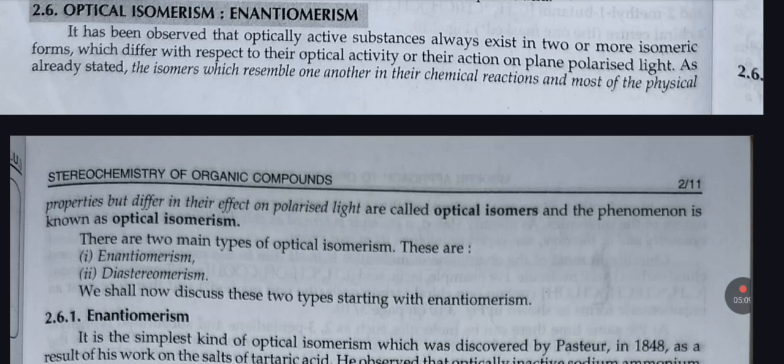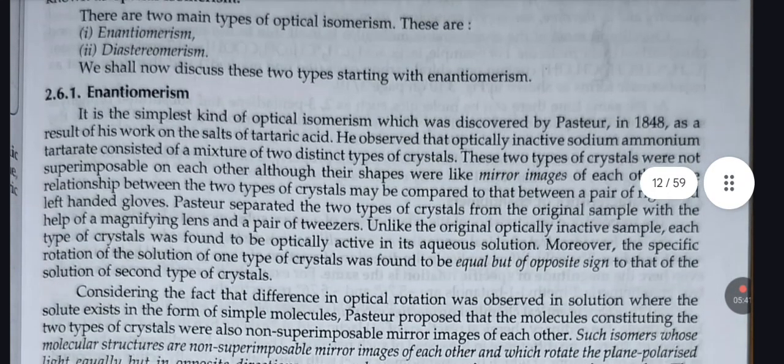As already stated, the isomers which resemble one another in their chemical reactions and most of the physical properties but differ in their effect on polarized light are called optical isomers, and the phenomenon is known as optical isomerism. There are two main types of optical isomerism. These are enantiomers and diastereoisomers. We shall now discuss these types, starting with enantiomers.